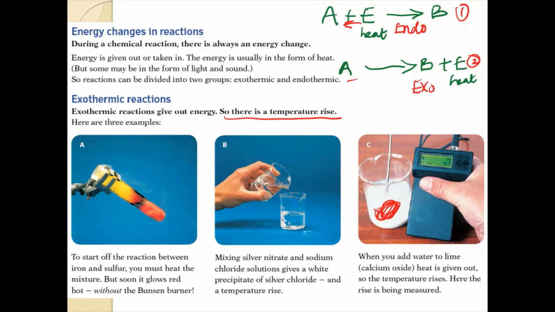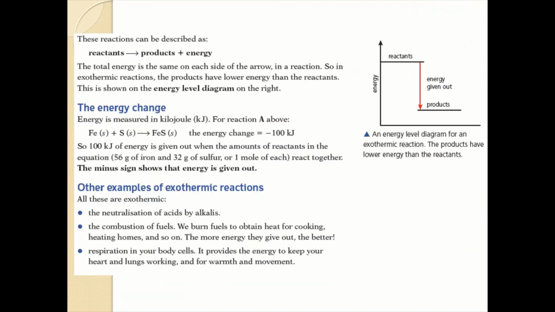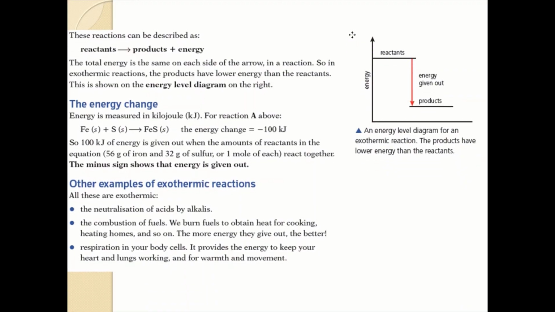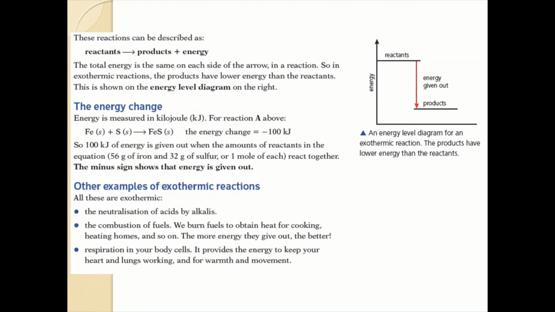okay, so for an exothermic reaction, there are key things that you need to know. You need to know how to draw the energy level diagram. Okay, this is what is called the energy level diagram. So for exothermic reaction, the reactant has a higher energy.